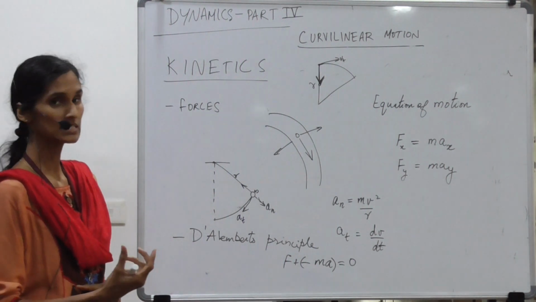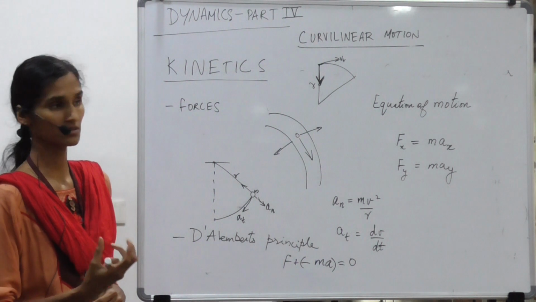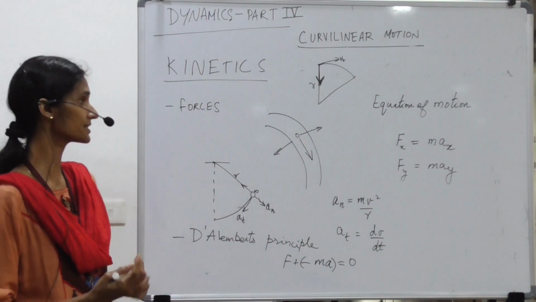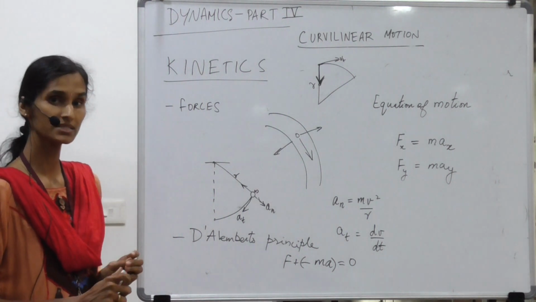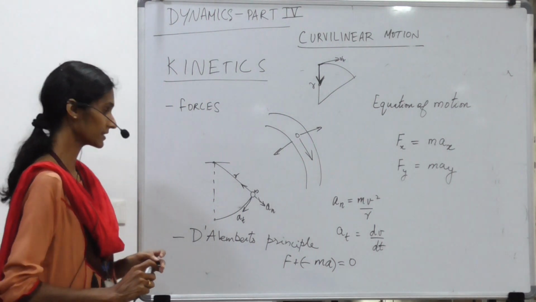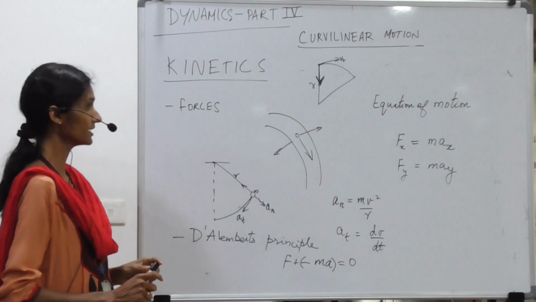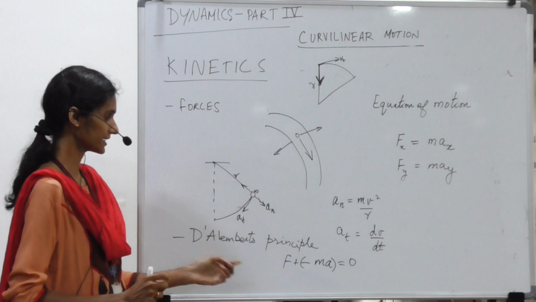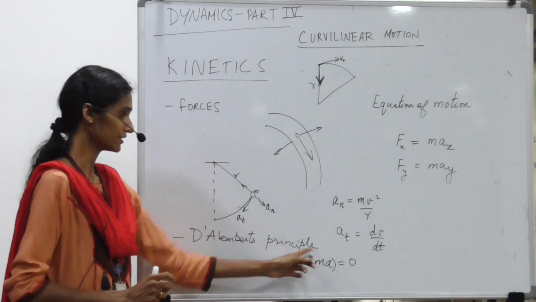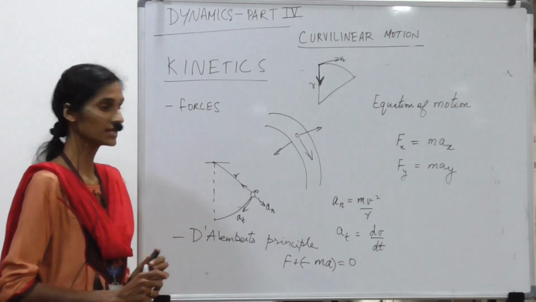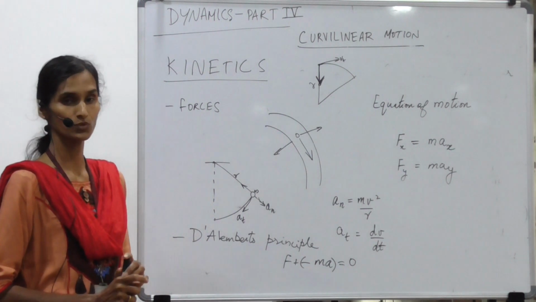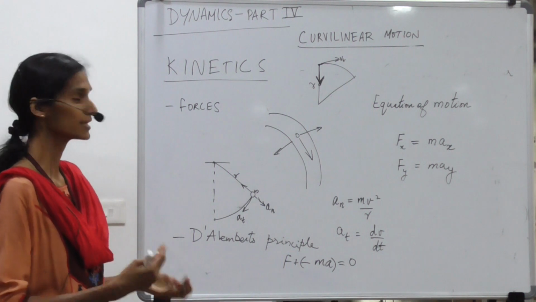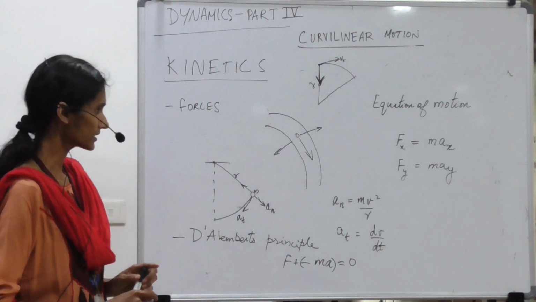When it prevents it, by virtue of its mass, it is being resisted, and that is inertia, and hence the ma can be considered as an inertia force in D'Alembert's principle, and hence rewritten as F plus minus ma, and stated as that all the net force acting on the body, including the inertia force, is zero, or the net force acting on the body is in dynamic equilibrium with the inertia force.